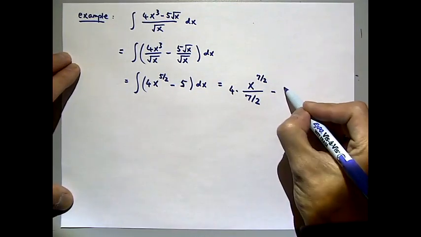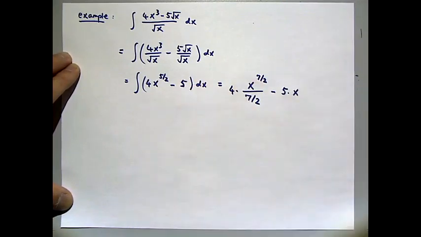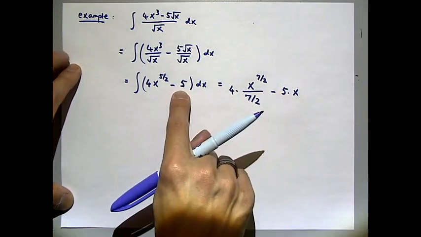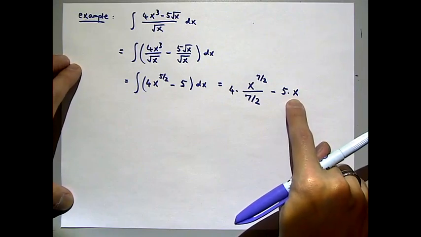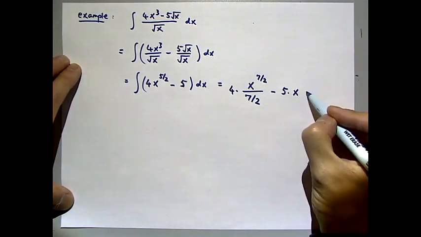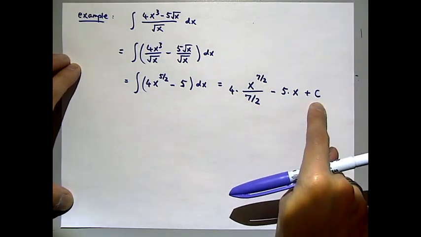So that 5 doesn't do anything. Now we add 1 to the existing power, which is 0. It's now a 1. Dividing by the new power, that's a 1. So a constant, remember, just gains a variable when you integrate it. Want to be perfectly general, so we add a plus c.